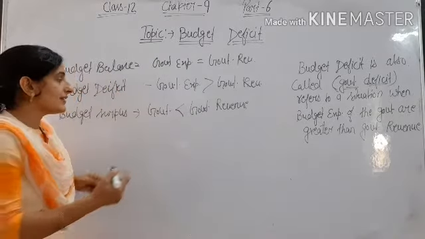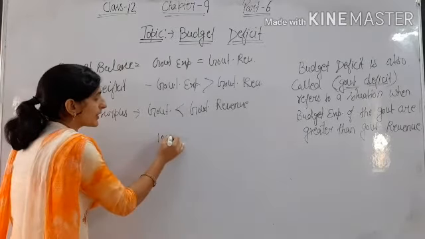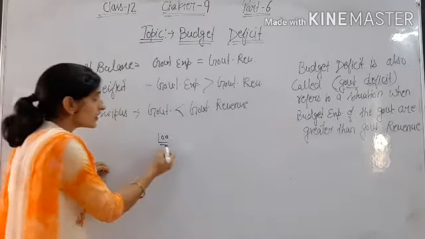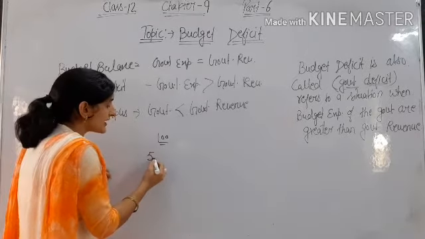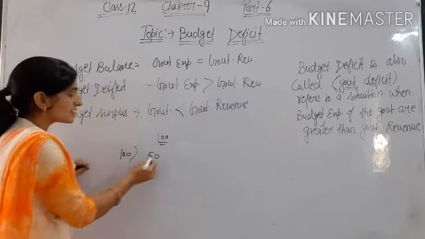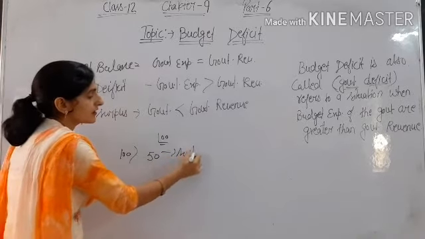For example, if you have 100 rupees, this is your income. If your expenditure is 50 and your income is 100, it means you have surplus money.